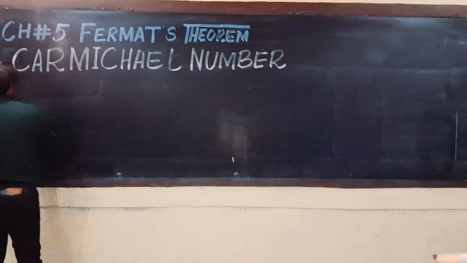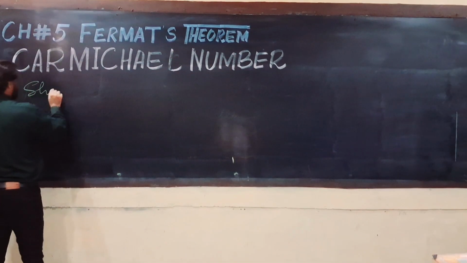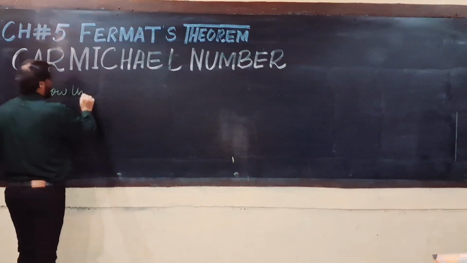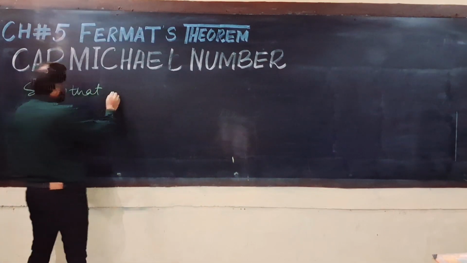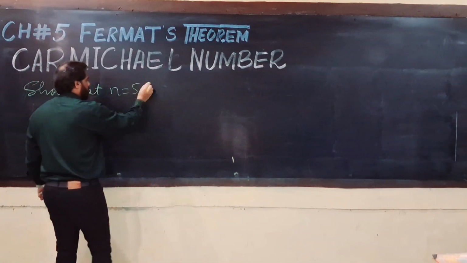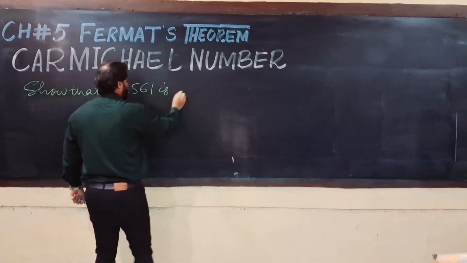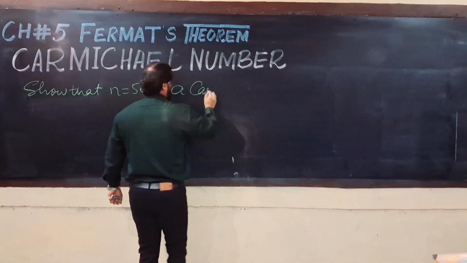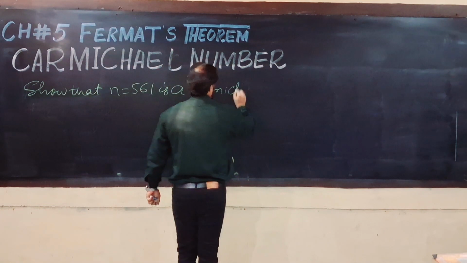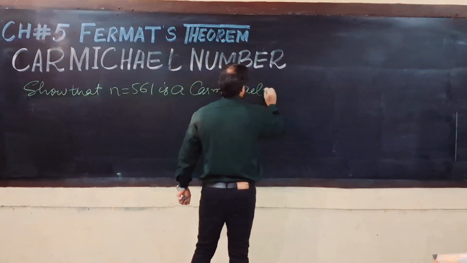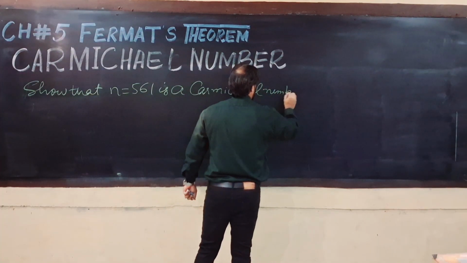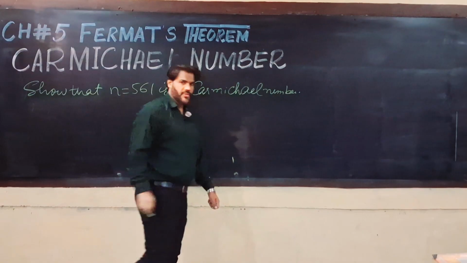Show that n equal to 561 is a Carmichael number, and this is the first such number.